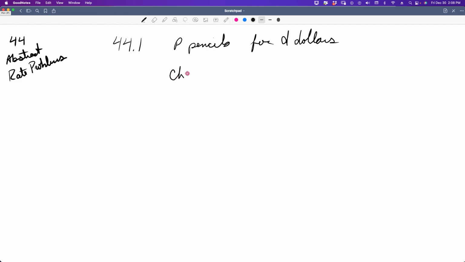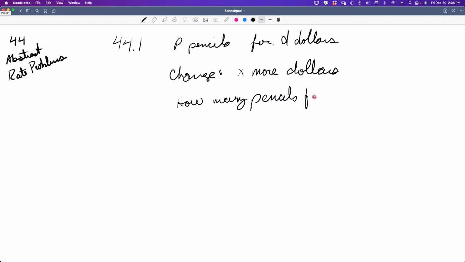The change is that we have X more dollars for the pencils. How many pencils could Peter have purchased for $20? So how many P pencils for $20?